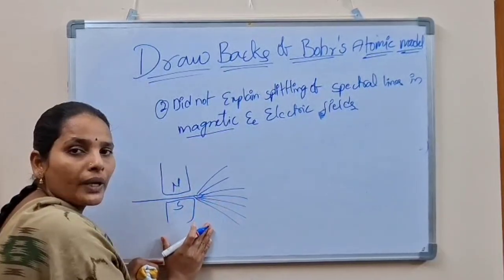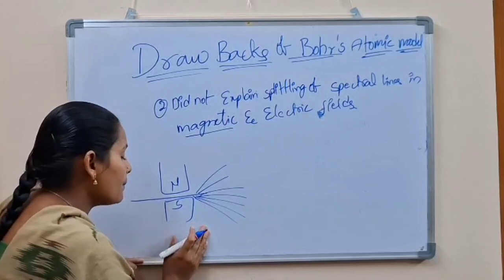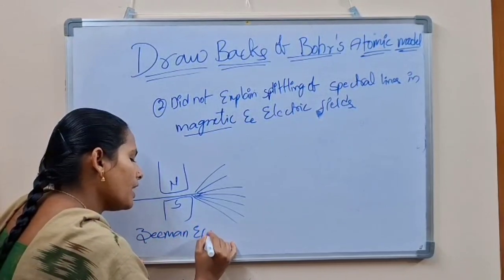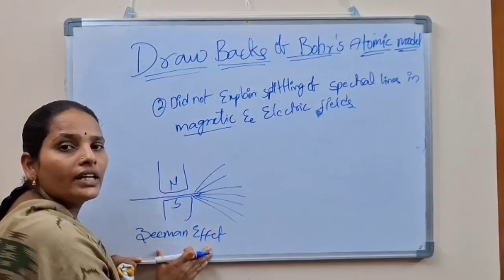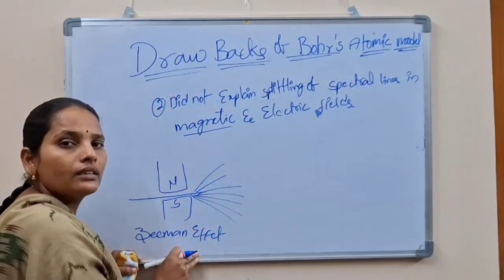The splitting of spectral lines in a magnetic field is nothing but the Zeeman effect. This effect is not explained by Niels Bohr in his atomic theory.